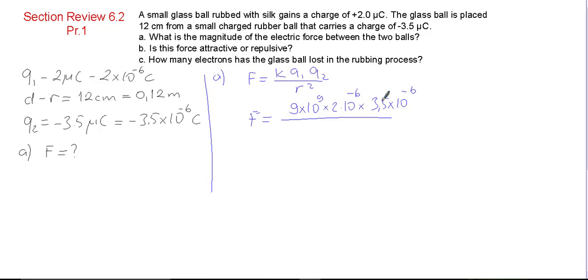Since, as I say, just the magnitude is wanted, we don't need the direction of force, and R is 0.12 meters, squared. When you use a calculator, you will see that F is equal to 4.4 Newton. Okay, section A is calculated.